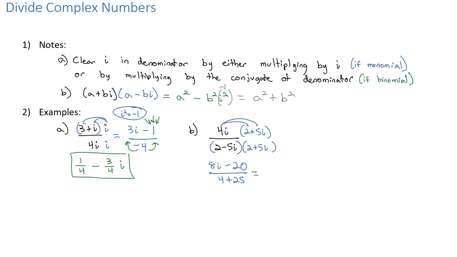And that's going to give me a total of 8i minus 20 over 4 plus 25 is 29. But again, we want to convert that into complex form by dividing the 29 by both terms, starting with the real number first, doing the imaginary number second. So we've got -20 over 29 plus 8 over 29i.